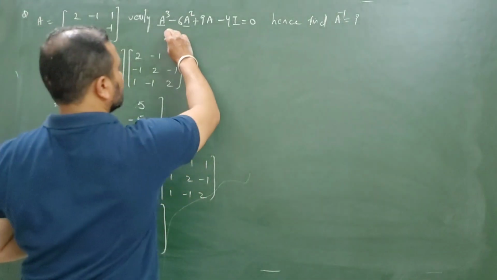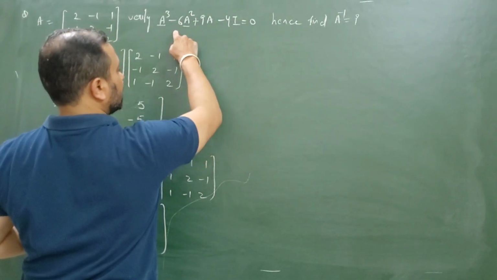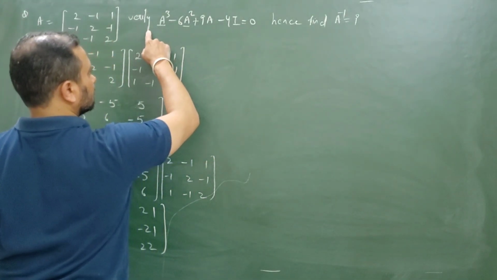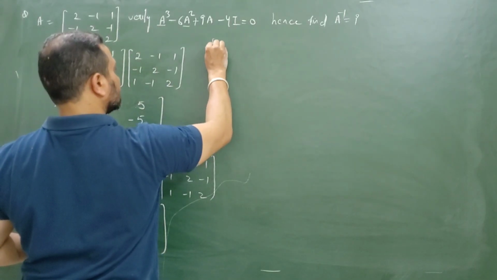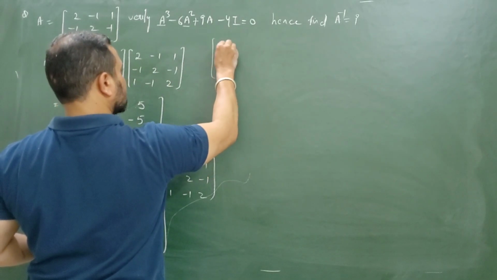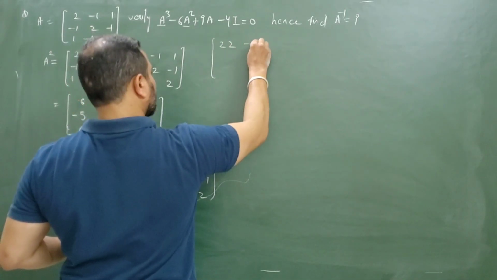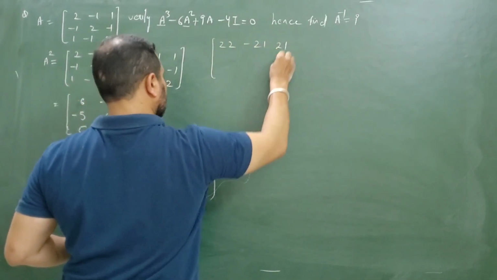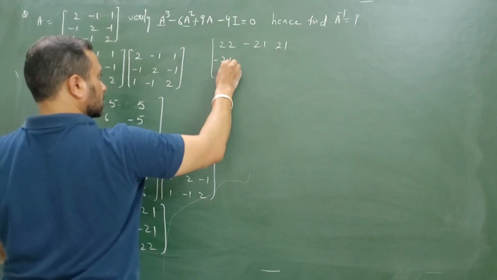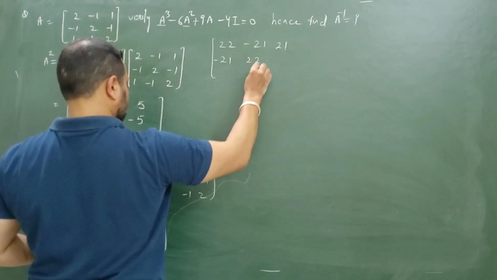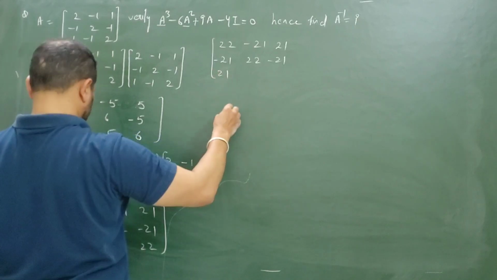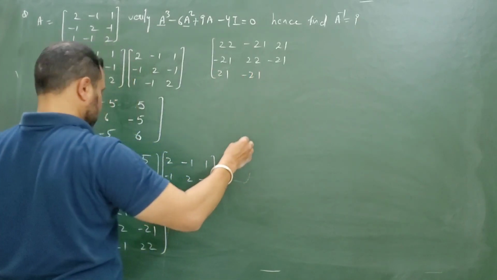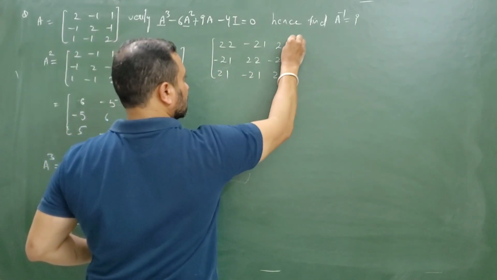Now come here, let's find out whether this equation is equal to 0. A cube is 22, minus 21, 21, minus 21, 22, minus 21, 21, minus 21, and 22.